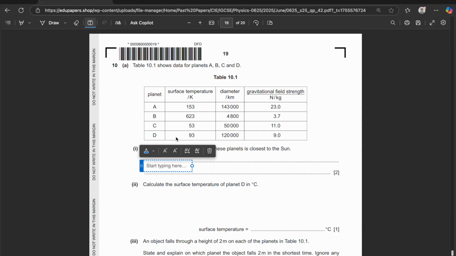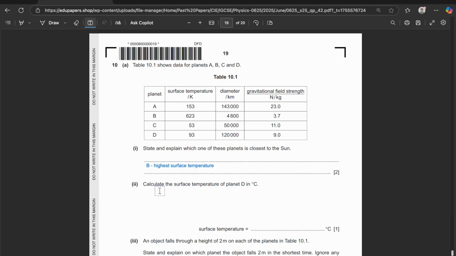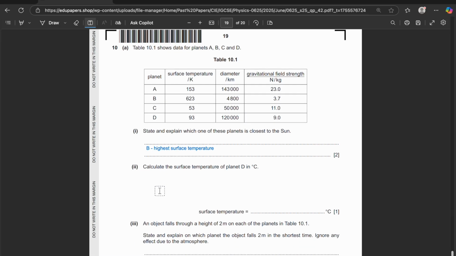So here it is planet B because it has the highest surface temperature. To calculate the surface temperature of planet D in degrees Celsius, know that this is in Kelvin, D 93, and we subtract 273, and you get minus 180.